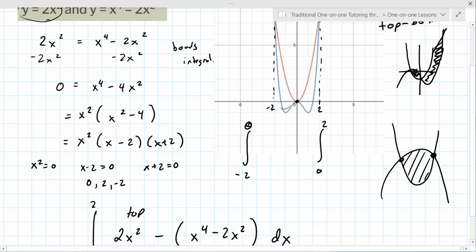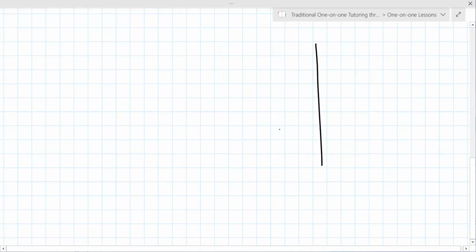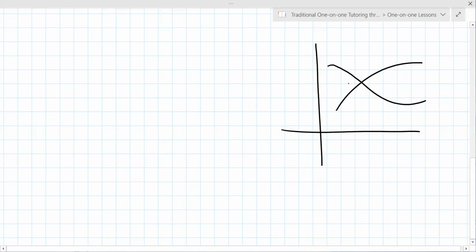The more general question is: here are 2 curves, find the area between them. And they give you 2 limits that have nothing to do with where they intersect. So for example, say one curve looks like this and one looks like this, and I wanted it from 1 to 2, and then this is 4, and this is f of x, and this is g of x.